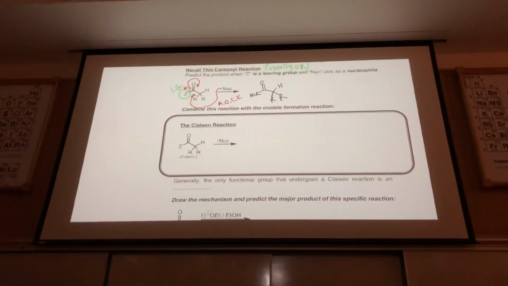So for example, Claisen reaction, which is named specifically, usually when we have this is an ester, and then we have our base, so I'm just kind of generalizing this. All right, so we take off our alpha H, make our enolate.